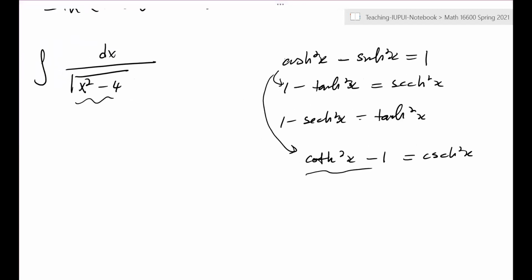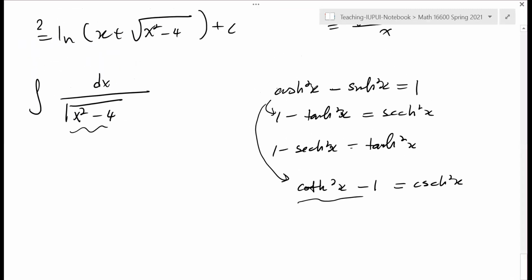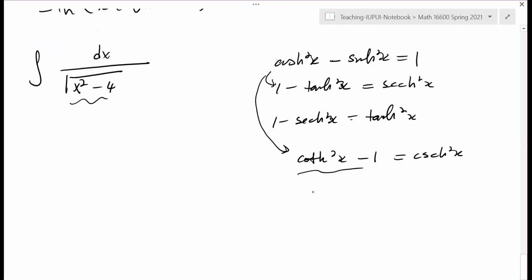Look at this identity, I don't need a hyperbolic tangent. I have hyperbolic cosine squared x minus 1 equals hyperbolic sine squared x.